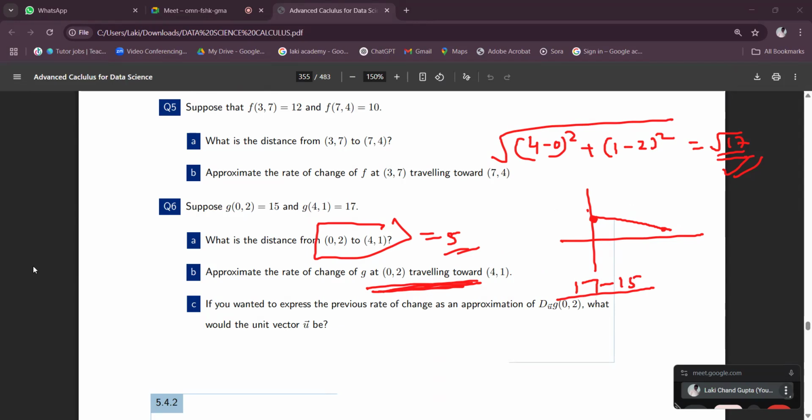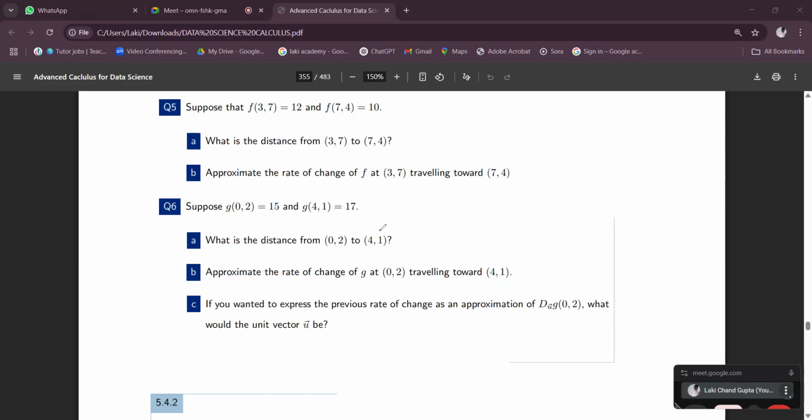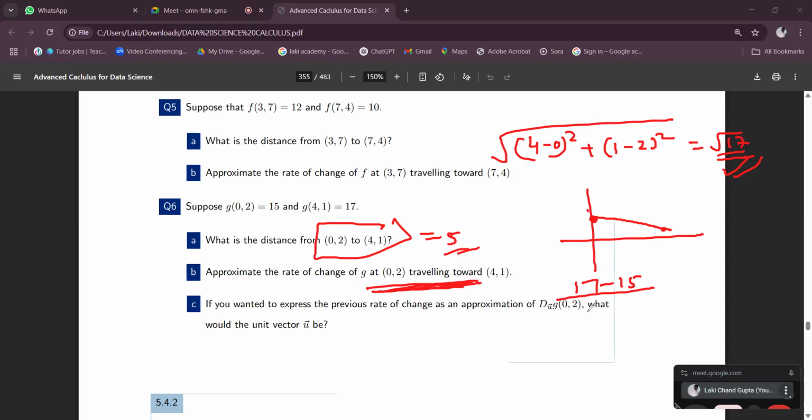Over the 4 minus 0, and 1 minus 2. Root 20. One over root 5.